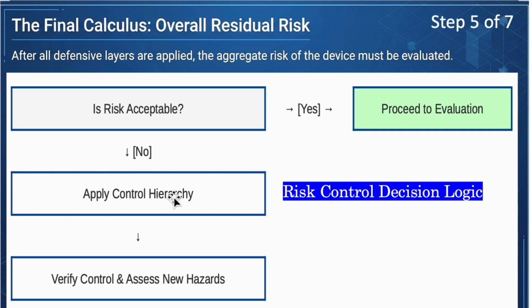The same control hierarchy that we talked about: safety by design, alarm, followed by label. You have to verify those again to ensure that no new hazards have been created and your safety features are actually working as intended before proceeding to the next level.